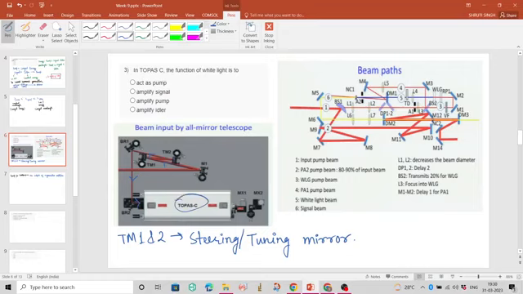Now inside part of this TOPAS C is this one, this figure. So now we will discuss this figure a bit. Let me copy paste it here.